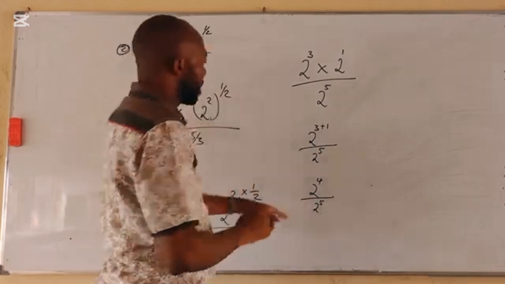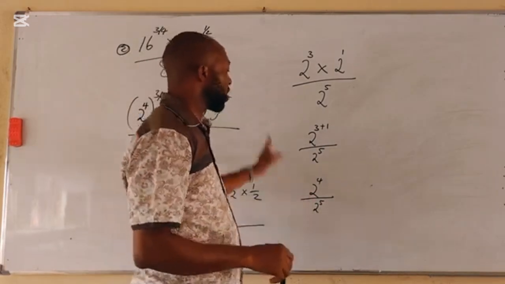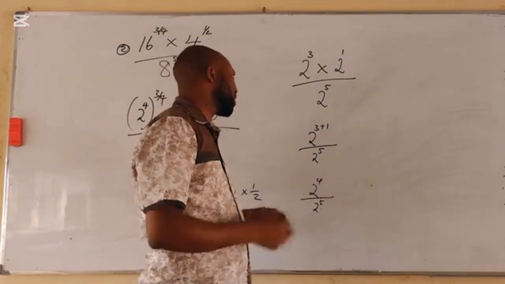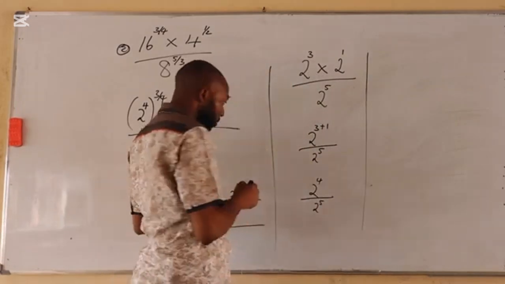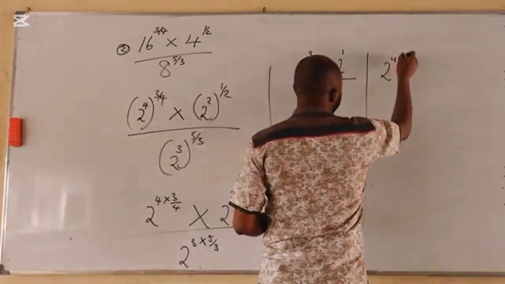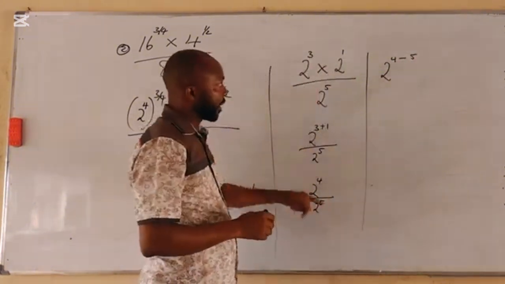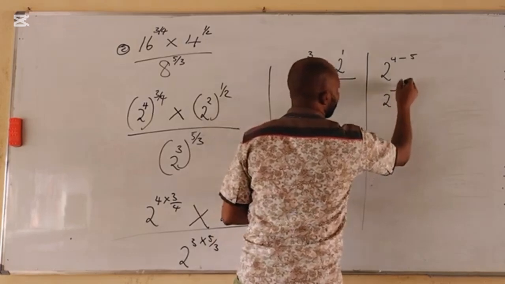So from here, the division law comes, where numbers with equal bases are divided, the power of the divisor is subtracted from that of the dividend, and I will now have 2 raised to the power 4 minus 5. 4 minus 5, I will have 2 raised to the power minus 1.